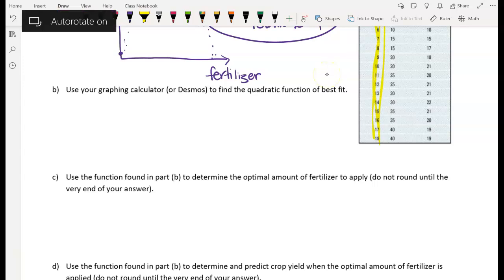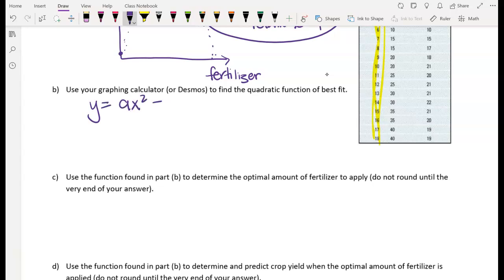So your quadratic regression was ax squared plus bx plus c, and it gave you your a, b, and c values. Now we just have to copy it in. Y equals negative 0.0171, since we want 4 decimal places, x squared, and it gives you a b of 1.0765, so plus 1.0765.